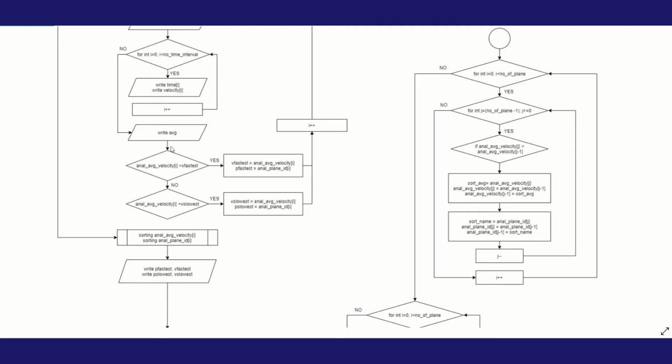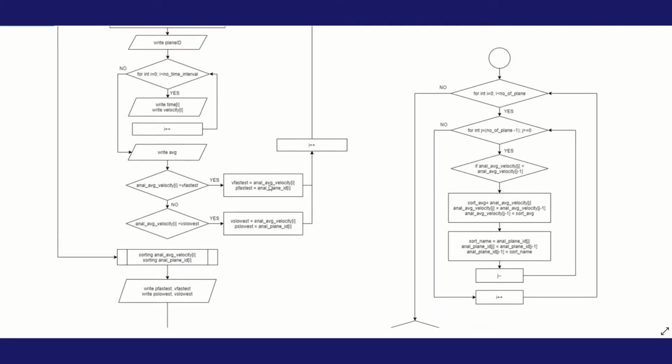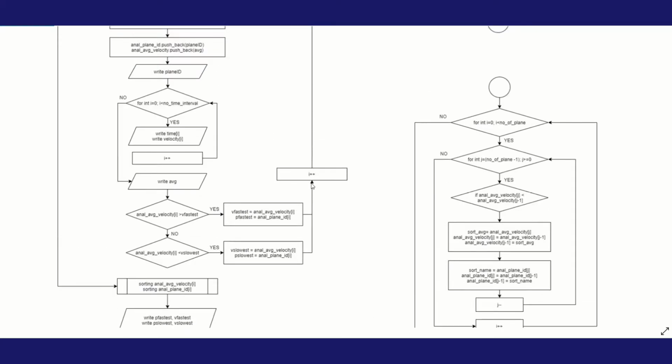If this condition is false, then we're going to check the second condition. If this condition is true, then we're going to execute this operation, and then we are going to increase i++.